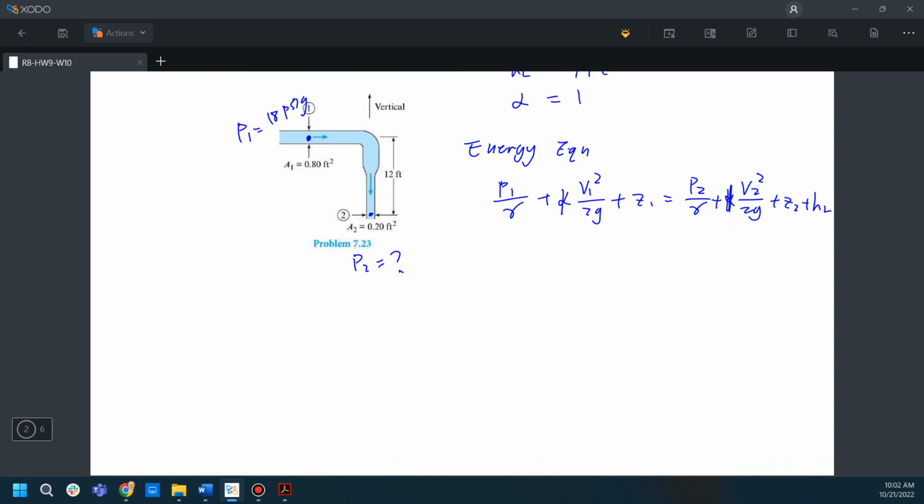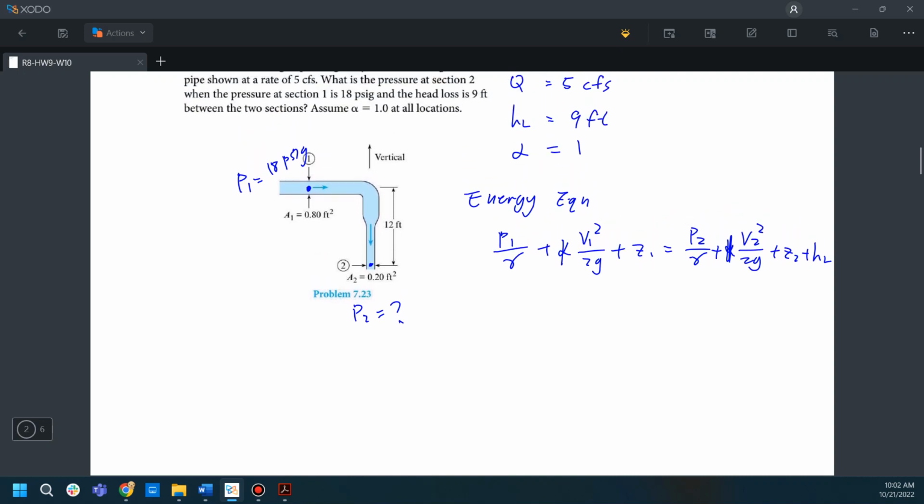Can we simplify any term here? If we define the datum at section 2 here, then Z2 will equal 0. Okay, so I guess that is how much we can simplify here.